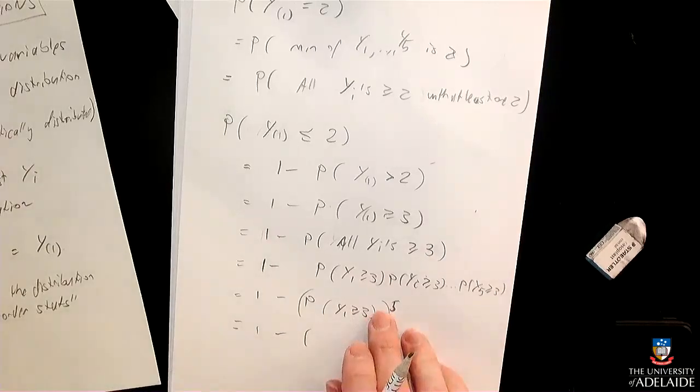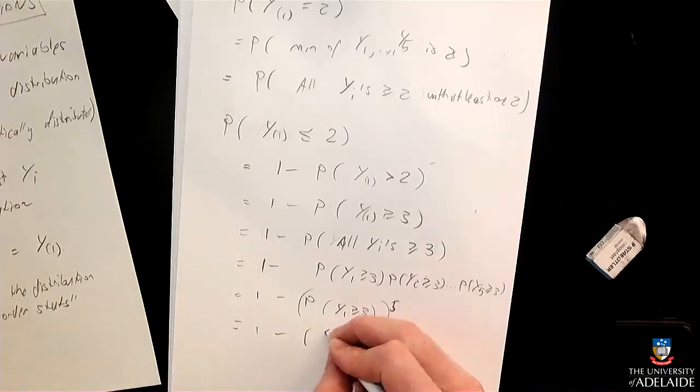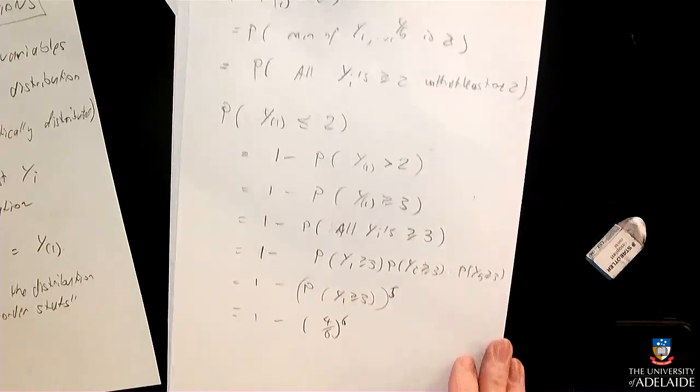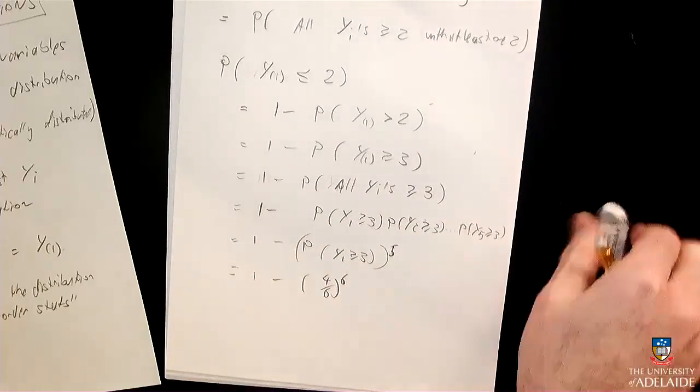And greater than or equal to 3 is 3, 4, 5, 6, so 4 out of 6.